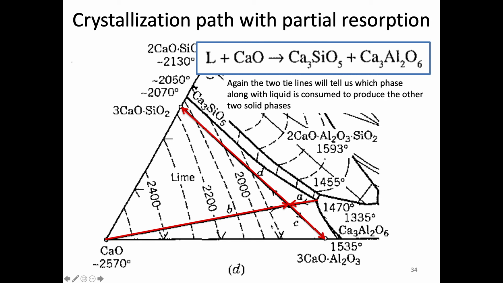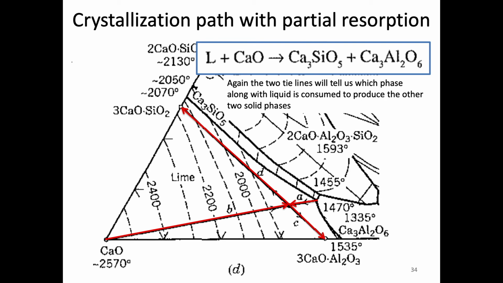So that means that liquid and calcium oxide will be consumed upon cooling to produce the silicon and the aluminum species at the lower temperature. And so that's what ends up being our reaction here.